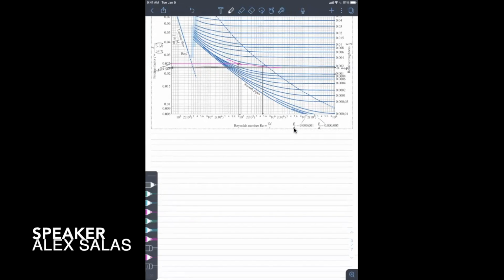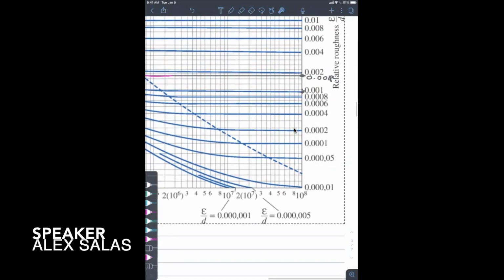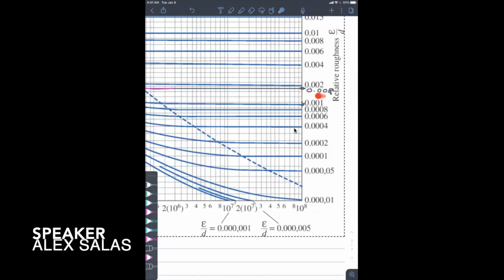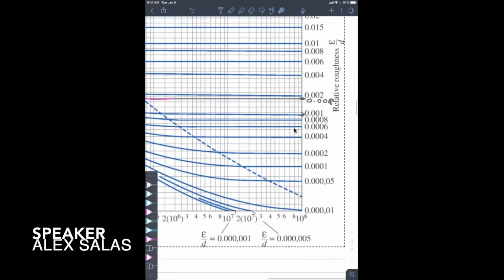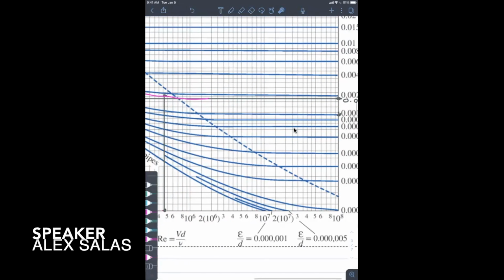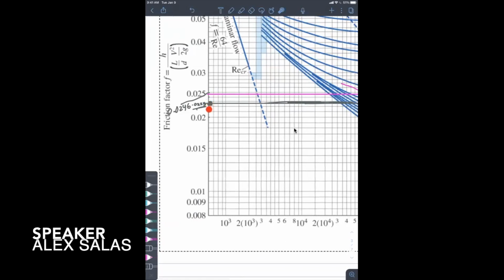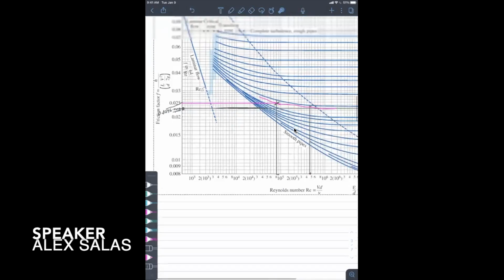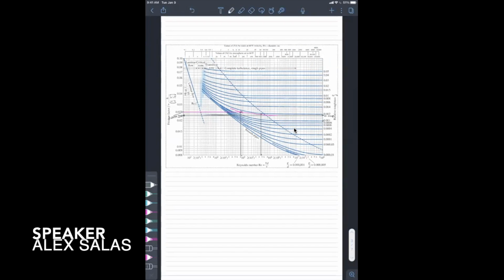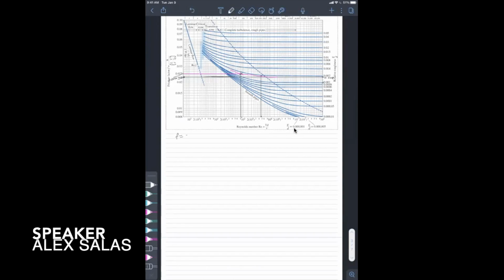I have already written out a line for 0.0018, which is the relative roughness that we just calculated. We follow that all the way over here, and we find that it touches at around 0.225. And so that's going to be our first guess for the friction factor, 0.225.